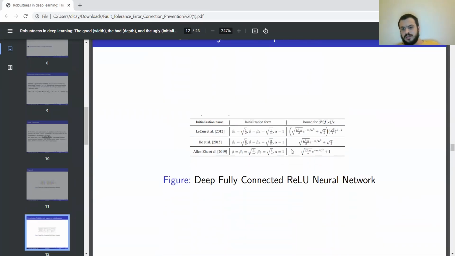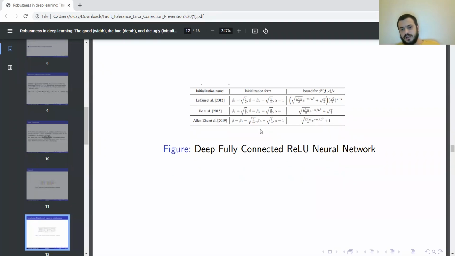For the other initialization it is also 1, but for the second one it is 2 over D, and for the others twice the first one, and for the third one it is 2 over M, and 1 over O for the output, the dimension of the output vector.